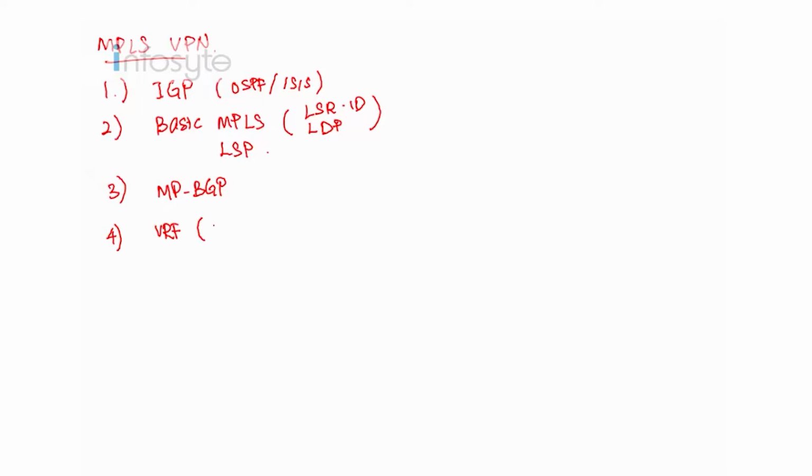Under the VRF, you need to define the route distinguisher, the VPN target, and also the binding to the interface.